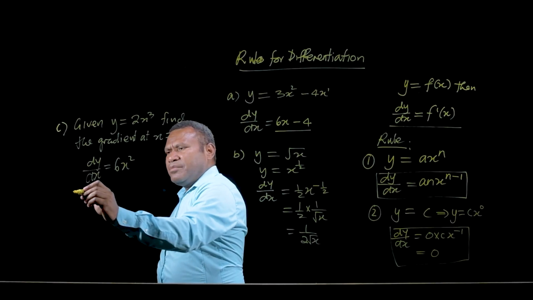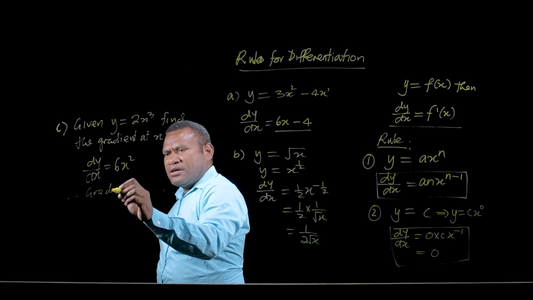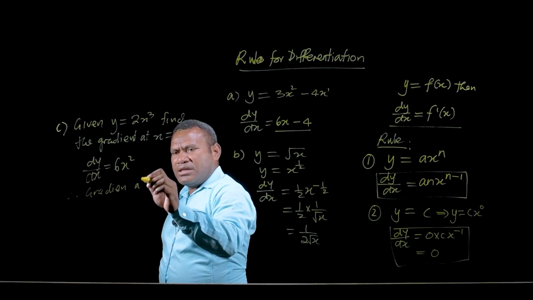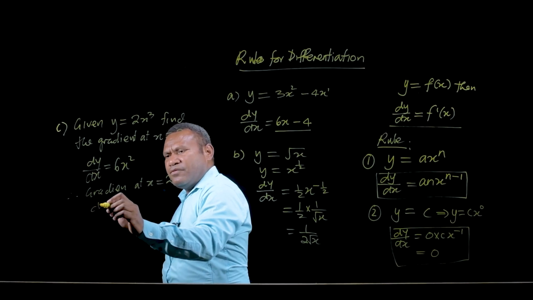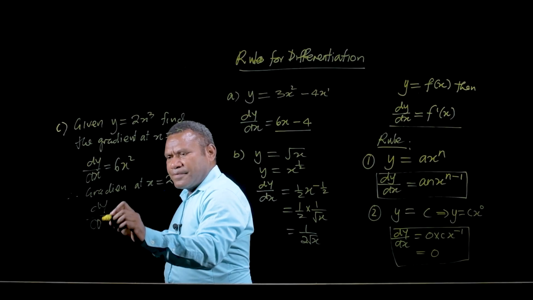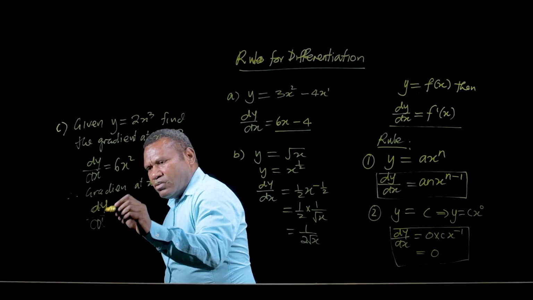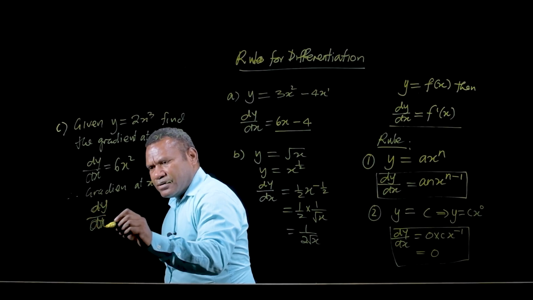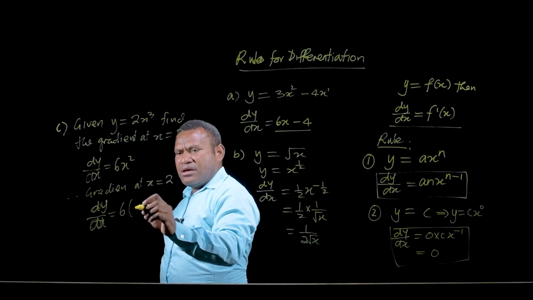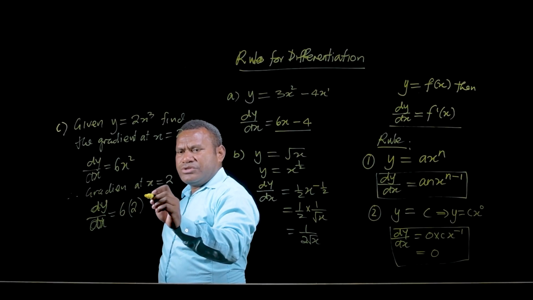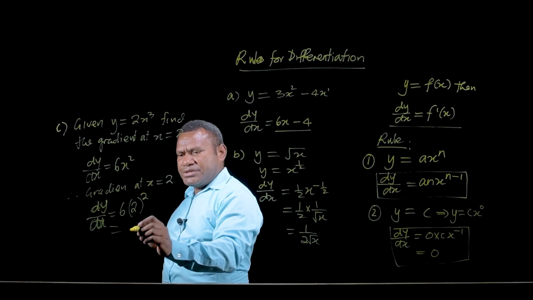Therefore, the gradient at x equals 2 will be dy over dx at x equals 2, we just have to substitute here 6 times 2 raised to the power of 2. Evaluating this, 2 squared is 4, 4 times 6 is 24.